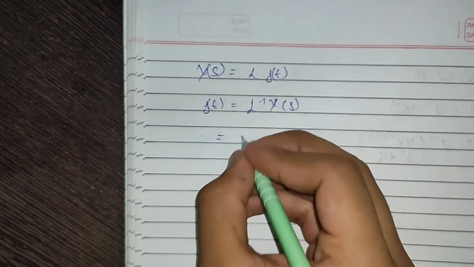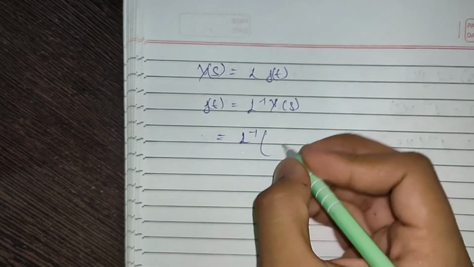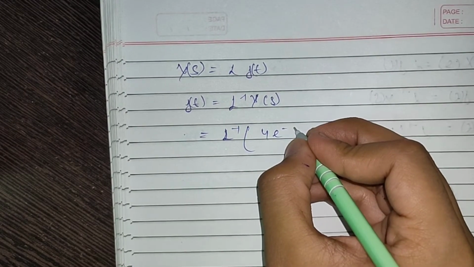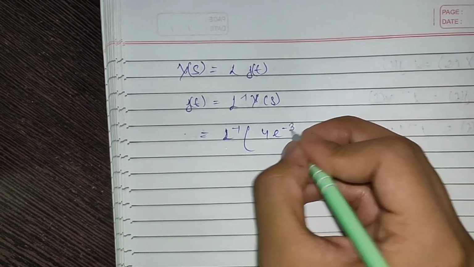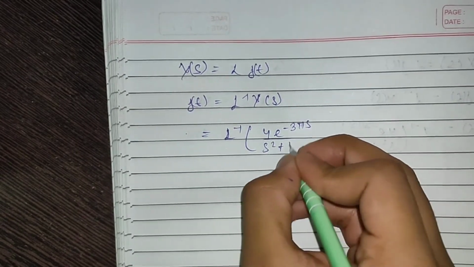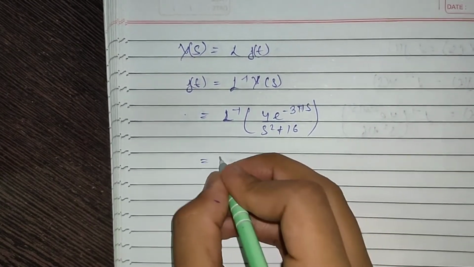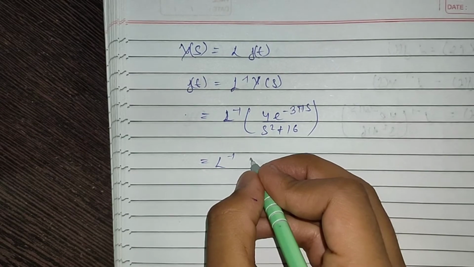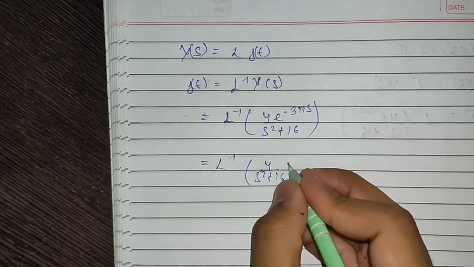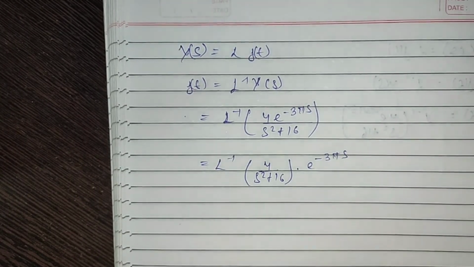So this will be equal to the Laplace inverse of 4 e to the power minus 3 pi s upon s square plus 16. So this will be 4 upon s square plus 16 times e to the power minus 3 pi s.